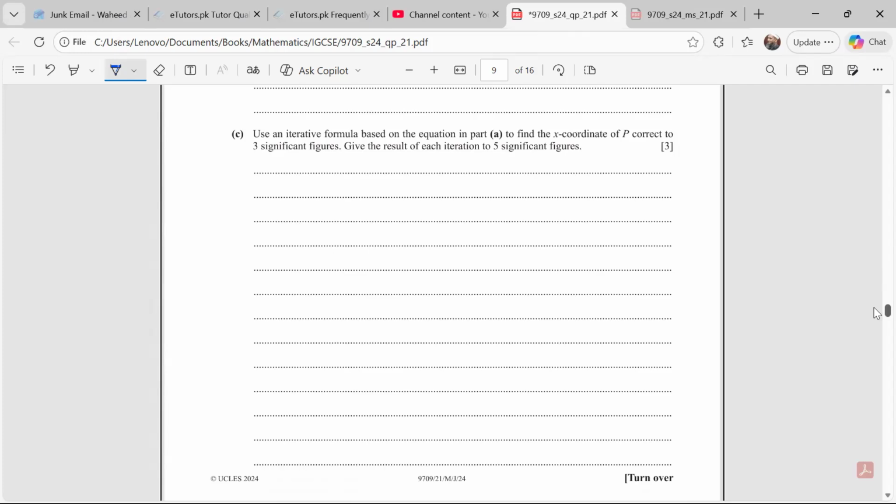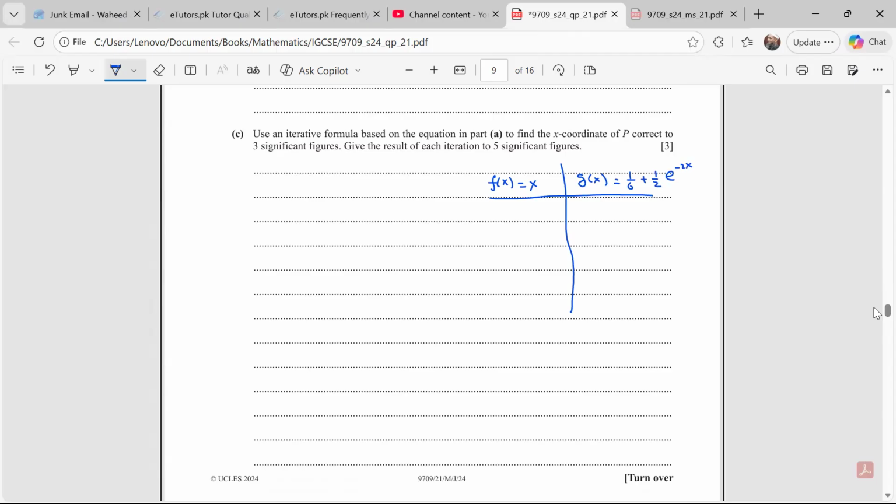There are several techniques, and I'm not sure which have been taught to you at this stage. I haven't done it, so I will just explain how you should try it. Make a table. Here you have f of x equal to x, and g of x equals 1 by 6 plus 1 by 2 e to the power minus 2x.